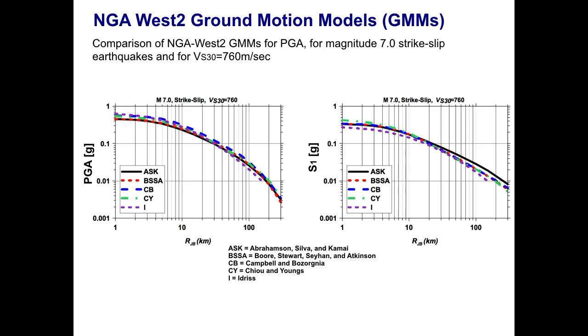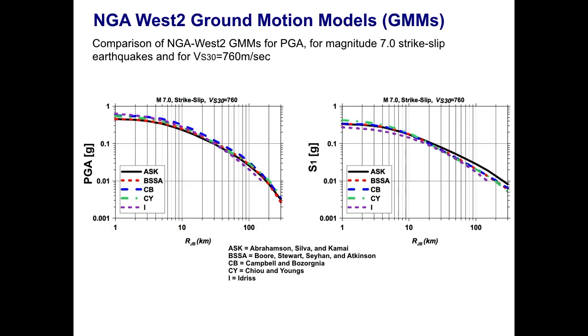And here we see a couple of examples for magnitude 7 strike slip faults, and this is taken on a soft rock condition, and we compare the PGAs and spectral accelerations at 1 second for a number of different site to source distances, and we have a number of different ground motion models compared there.